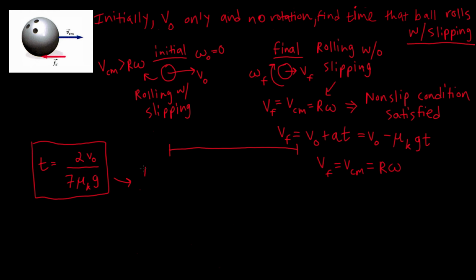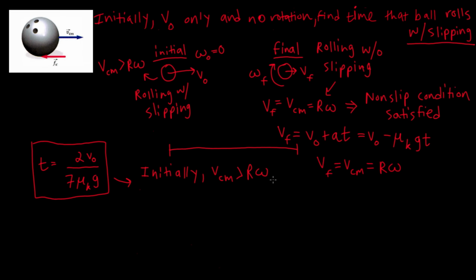Now, how could we use the non-slip condition? Or how could we interpret this using the non-slip condition? So note that initially the velocity of the center of mass was greater than the radius times the angular speed.